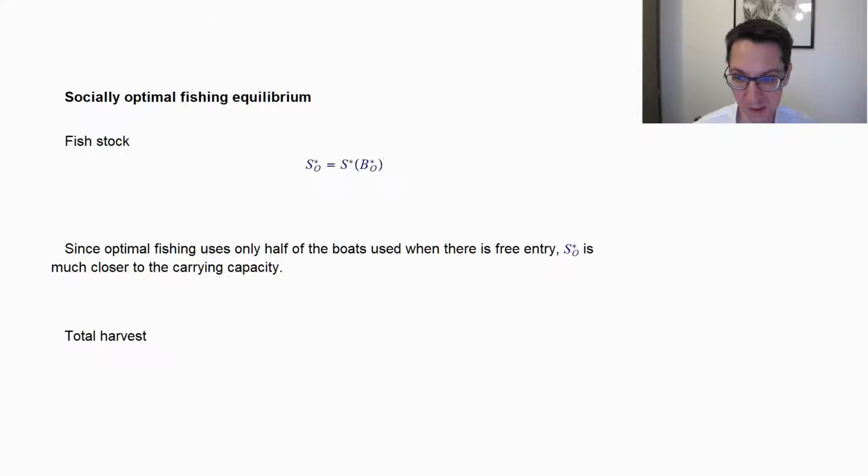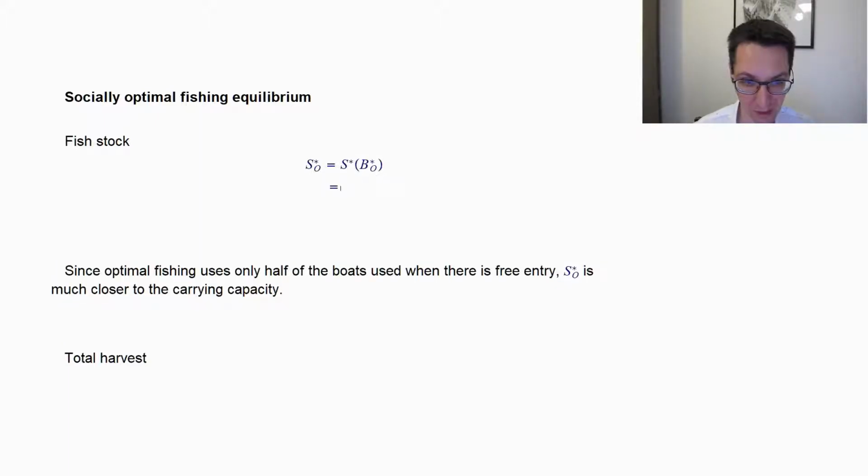And this, you may remember, was equal to K times 1 minus B star alpha divided by R. But then what we can do is say that this is B star O here, right?